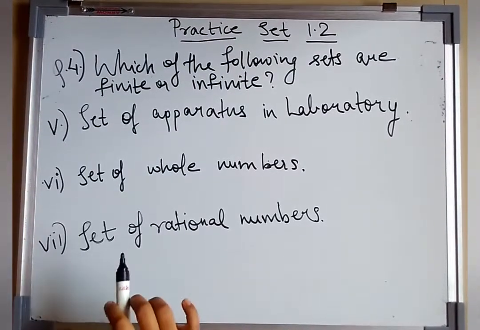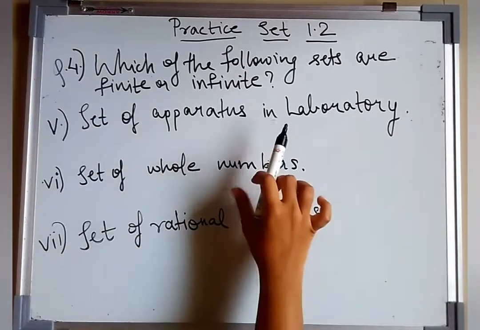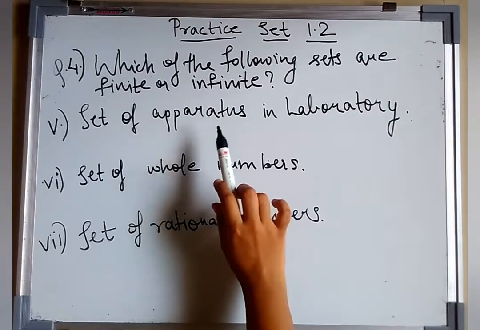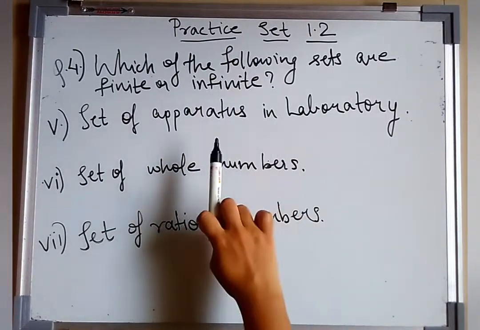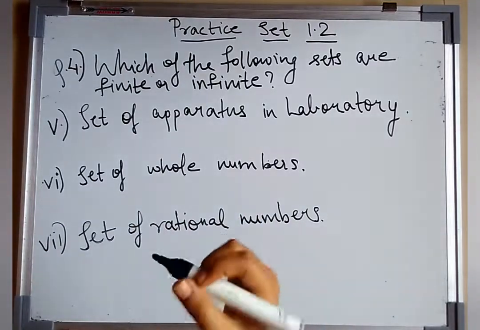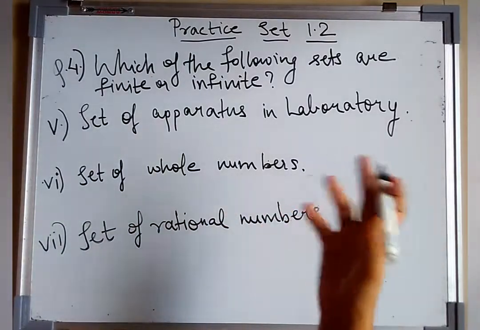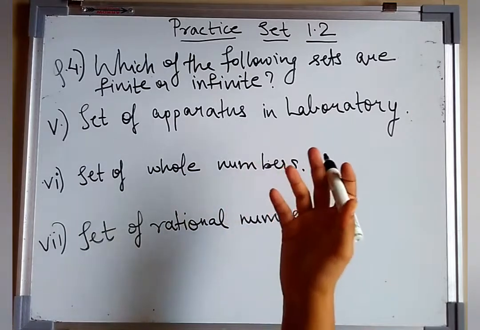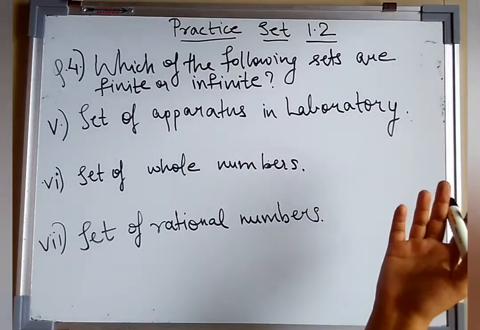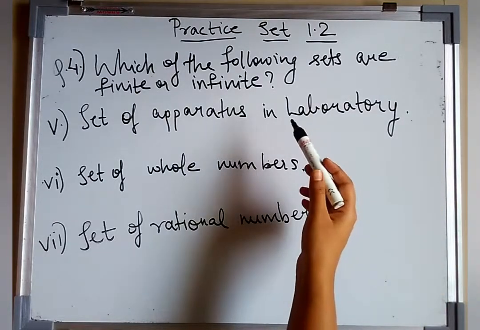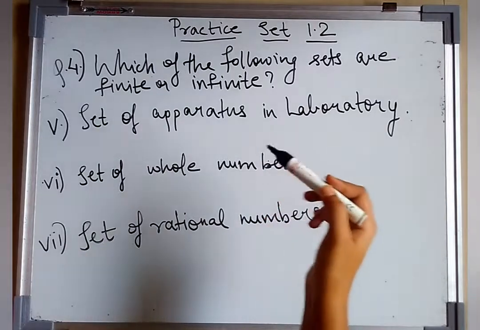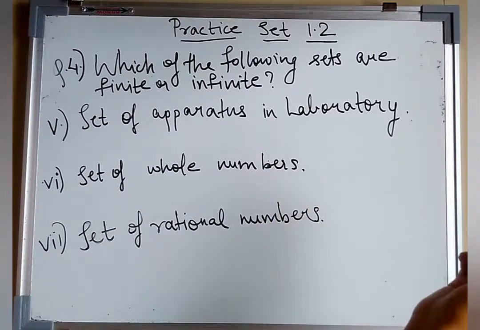Okay, the fifth sub question is the set of apparatus in a laboratory. Here also the set is finite. Why? Because apparatus means all those instruments that we use for experiments in a laboratory. You might have seen laboratories in your schools, the science laboratories, particularly for practicals. There are larger laboratories in hospitals or in research centers.